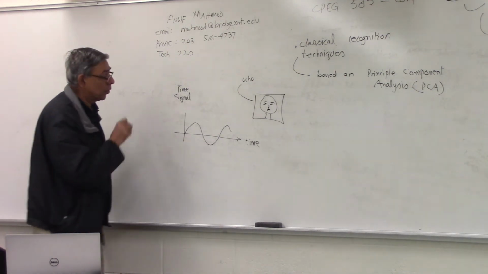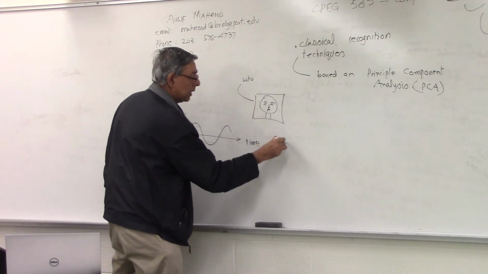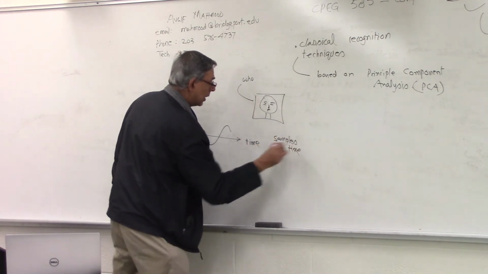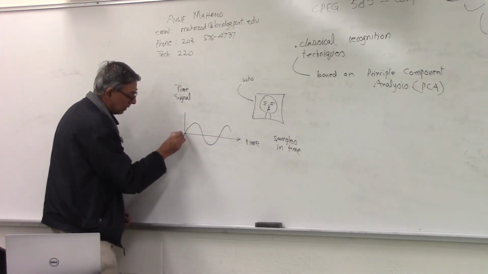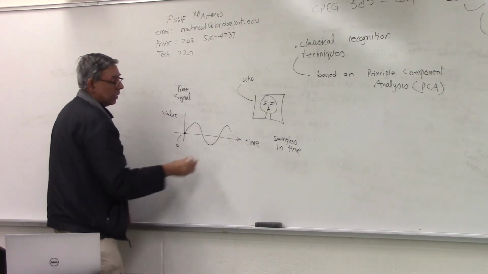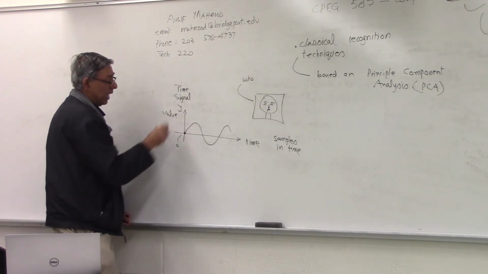So one option is you take samples of this wave in time. Let's pretend every millisecond you note down what's the value. The value is 0, so this is the value. Time is on the x-axis, on the y-axis is the value, right?